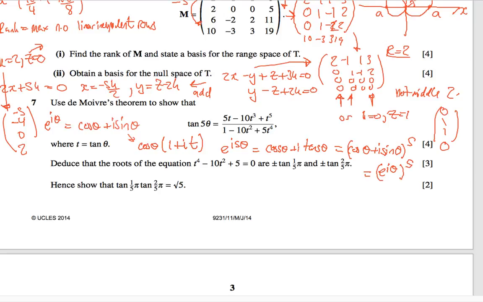If you just compare this side to this side, that will end up giving you the right answer.